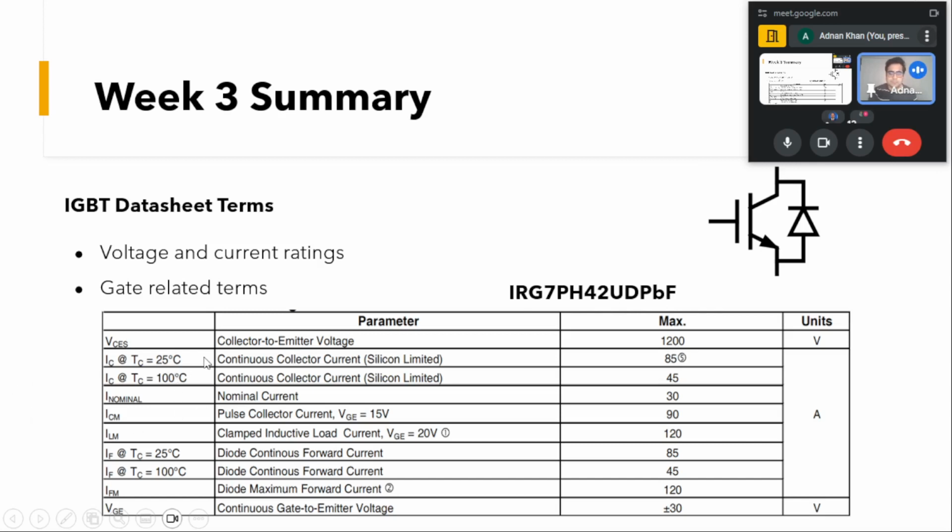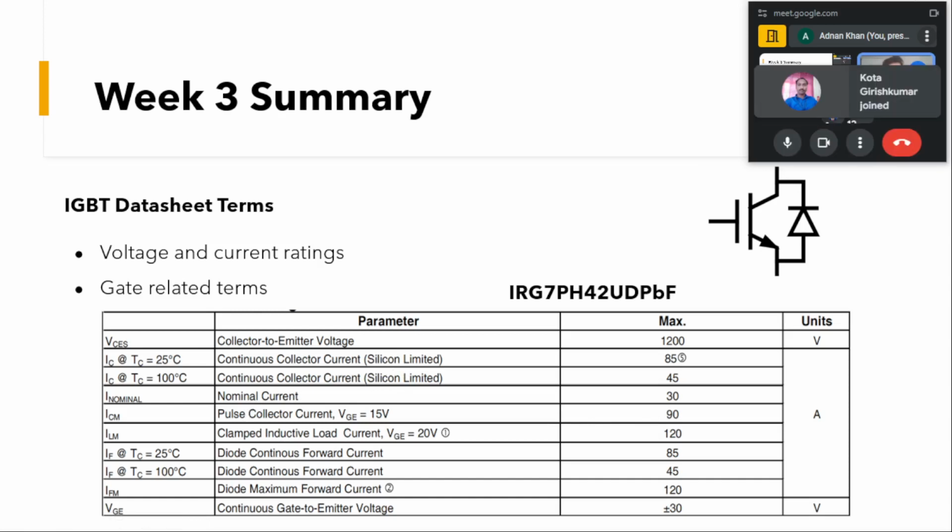This is the voltage rating of the device. Now we have a current rating of this device at different temperatures, like at 25 degrees it can have a maximum current of 85 amps, and at 100 degrees we have 45 amps. This is the maximum it can conduct. Then we have the nominal current that can flow through this device.